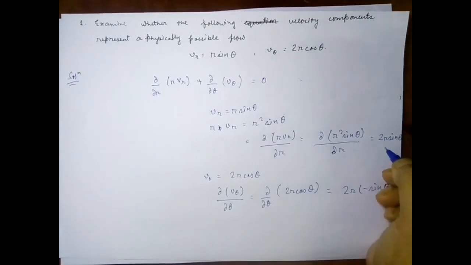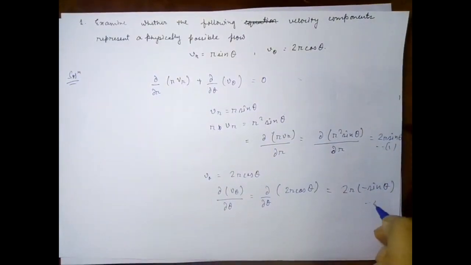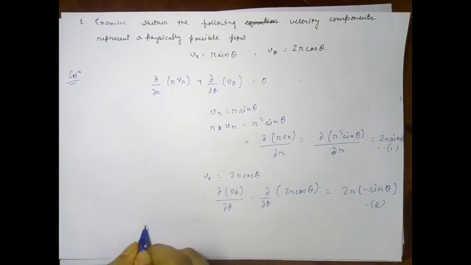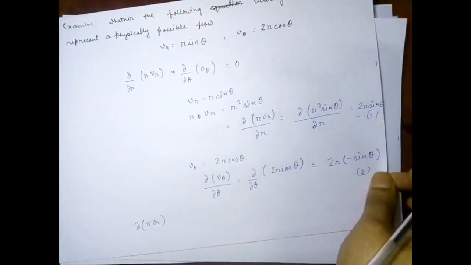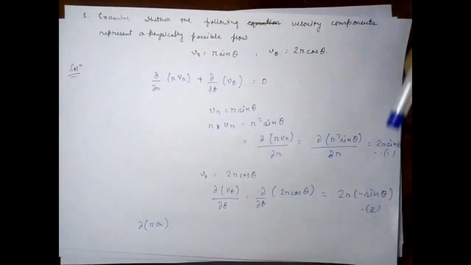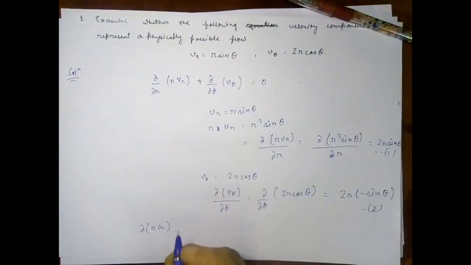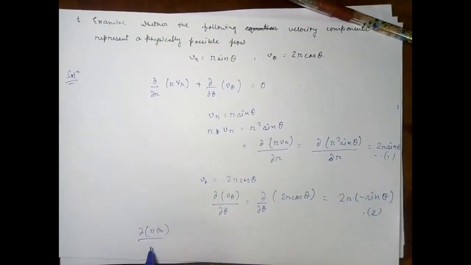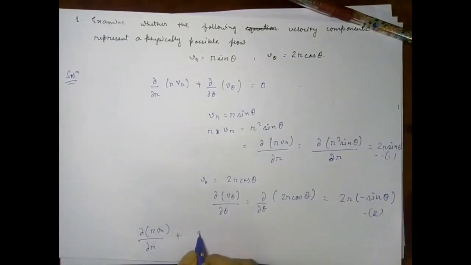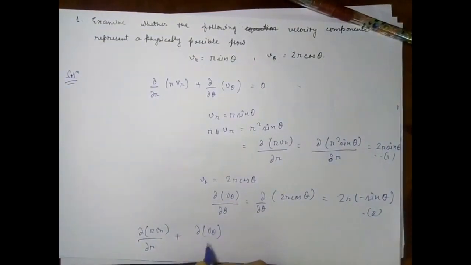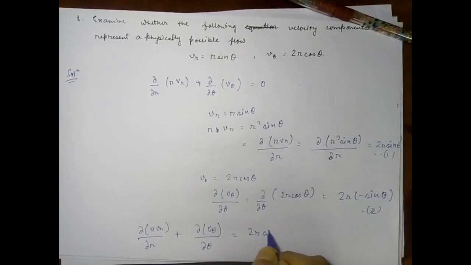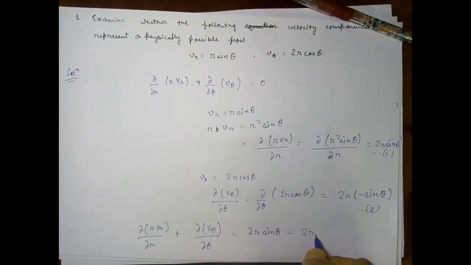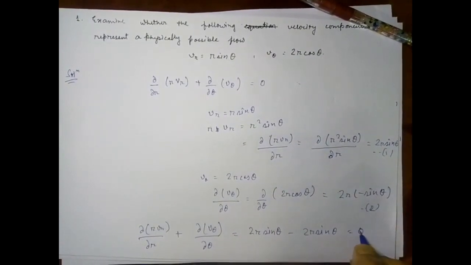So if we add these two, 1 and 2, del (r V_r) upon del r plus del V theta upon del theta will give 2r sin theta minus 2r sin theta, and that is equal to 0.